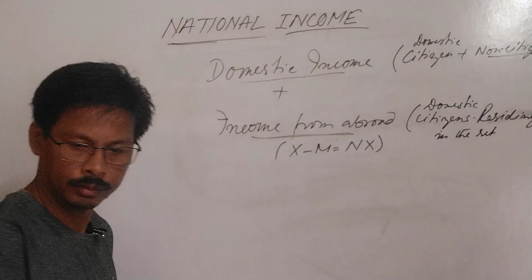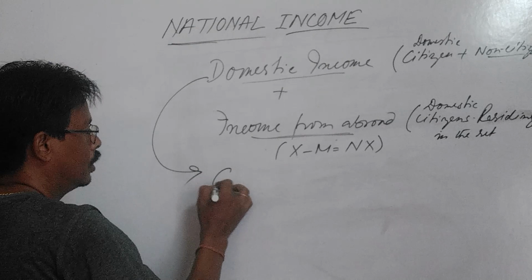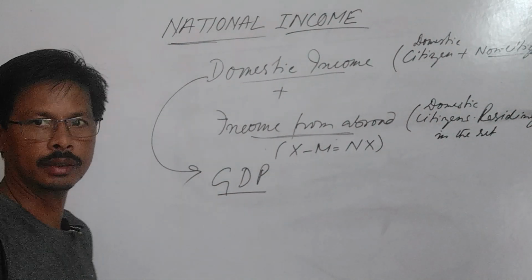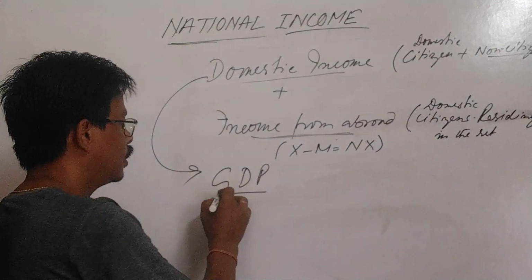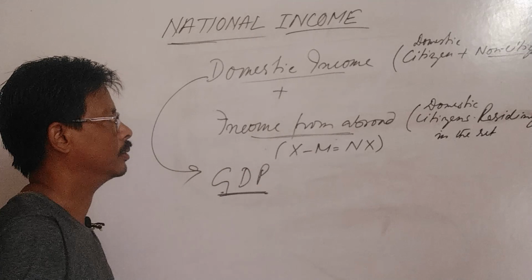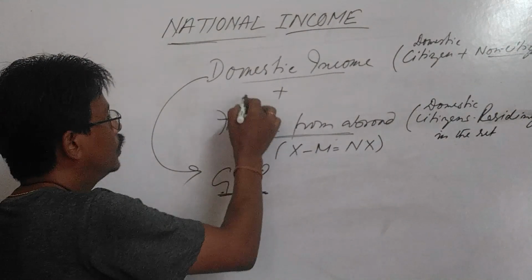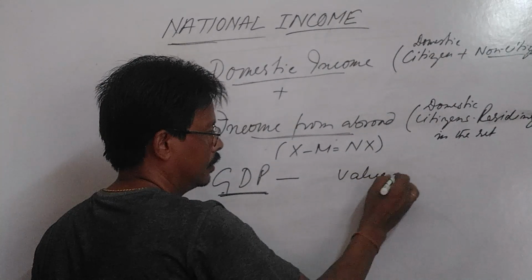We have to calculate the first domestic production, that is called gross domestic product. That may be also accounted in different ways, because in gross domestic product or in other method or whatever be the concept, we are accounting the value of goods and services.